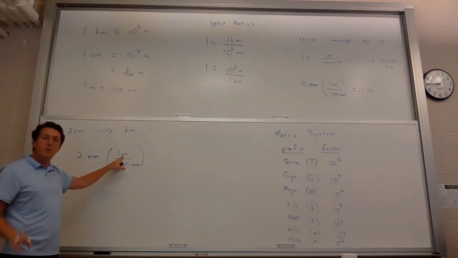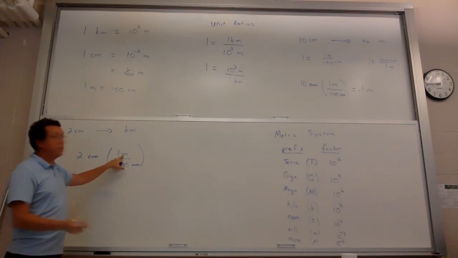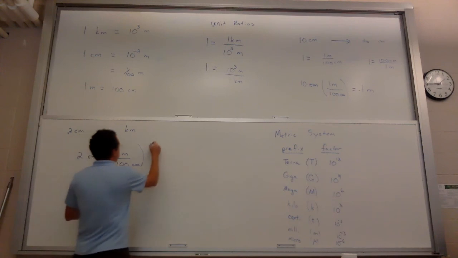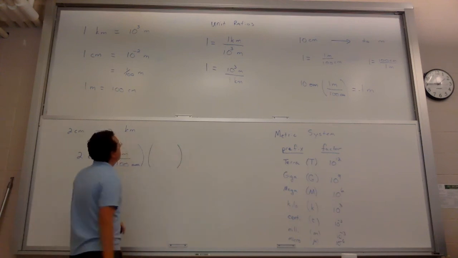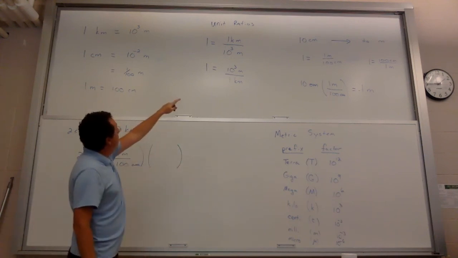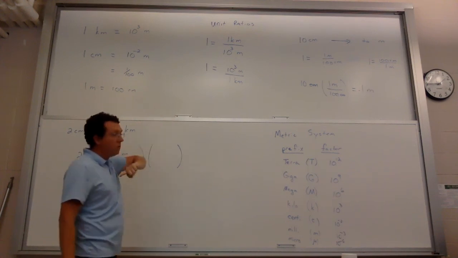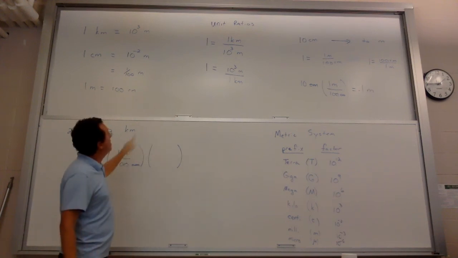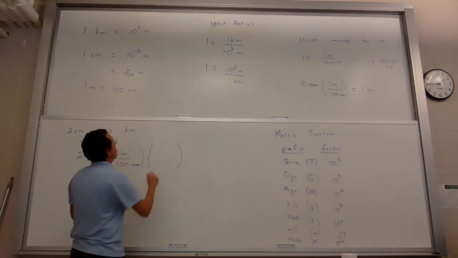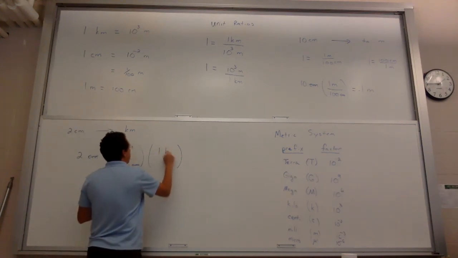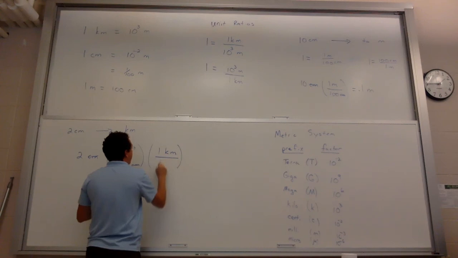But that's not my goal. My goal was kilometers. So I'm just going to multiply by 1 again. I want to start with meters now, get rid of those, and end up with kilometers. So I want 1 kilometer divided by 1,000 meters.